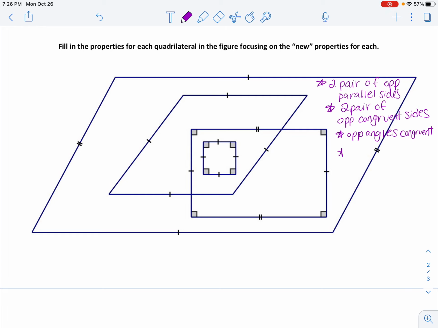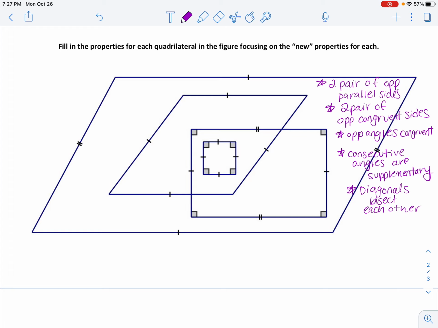Consecutive angles are supplementary. And its diagonals bisect each other. So those are all of the properties specific to parallelograms.